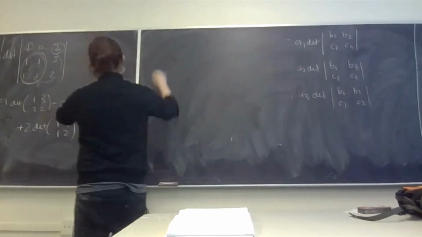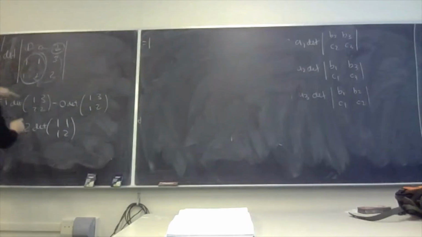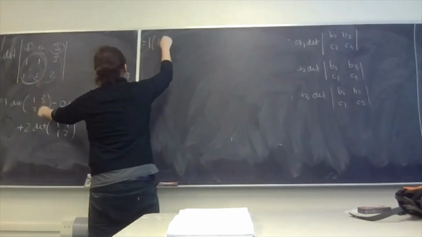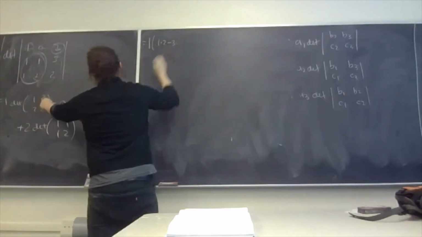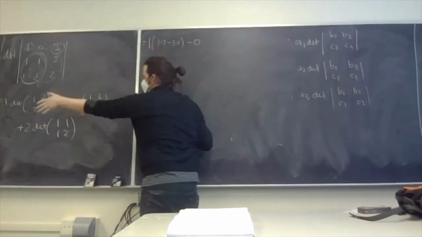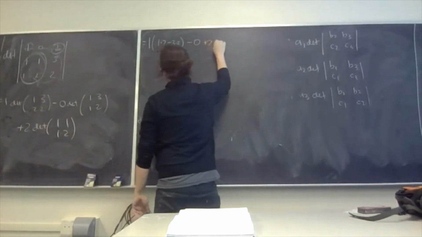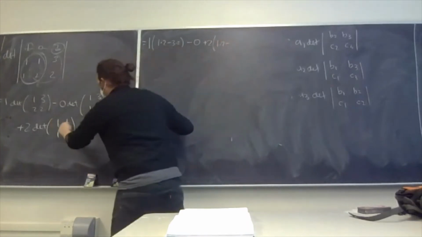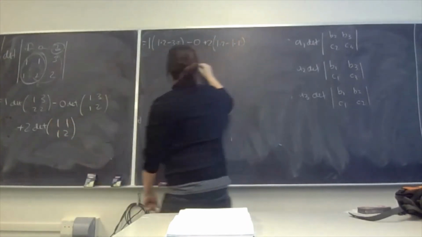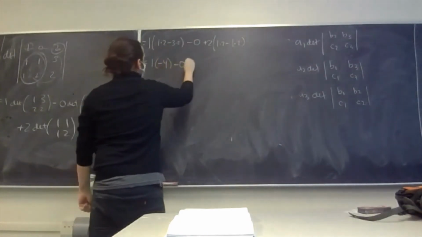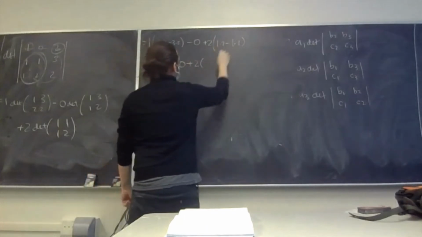So if you're going to keep going, you would write 1, and the determinant of this matrix is AD minus BC. So A times D minus B times C, minus 0, because this was 0 times the determinant, plus 2 times A times D minus B times C. That gets you 1 times, what, 2 minus 6 is minus 4, minus 0, plus 2 times 2 minus 1, which is 1.